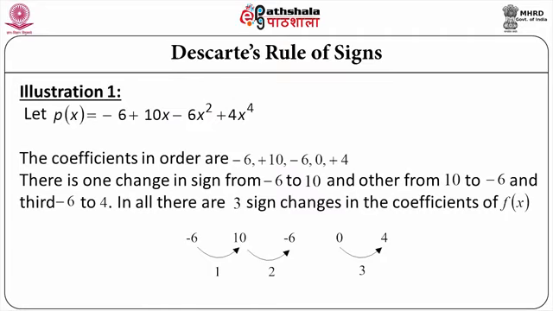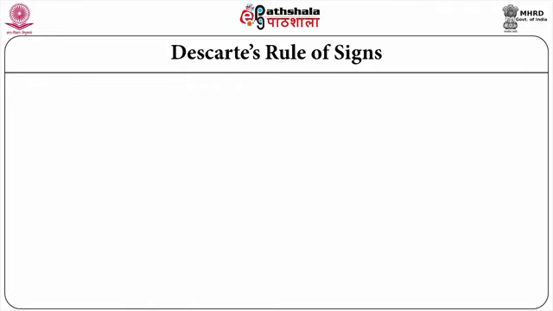Again from a1 to a2, the movement is 10 to minus 6, one more change in sign has occurred. From a2 to a3, there is no change in sign because 0 is there, we do not count it as a change in sign, and from a3 to a4, that is 0 to plus 4, it has moved, so there is one more change in sign.